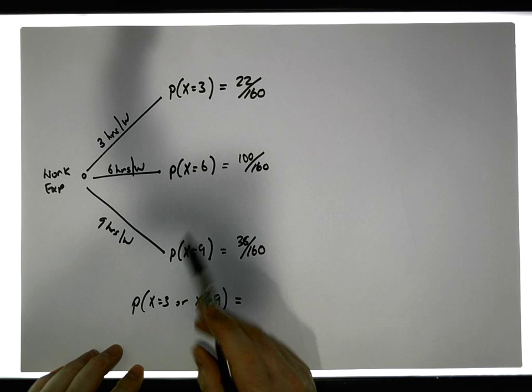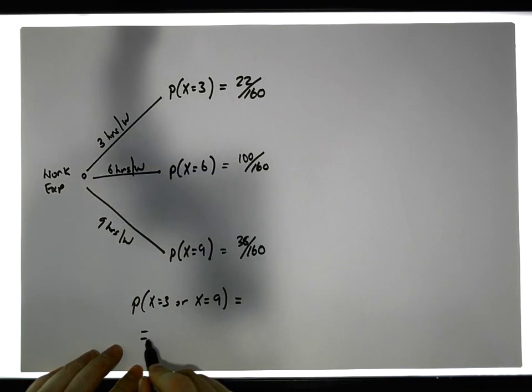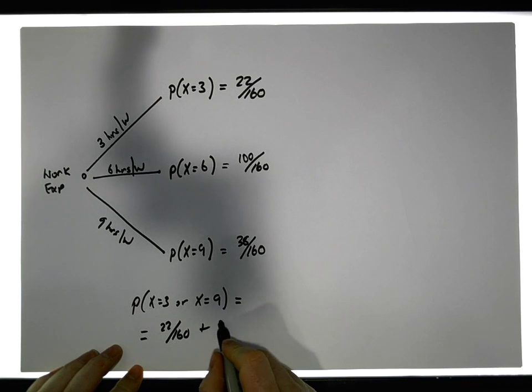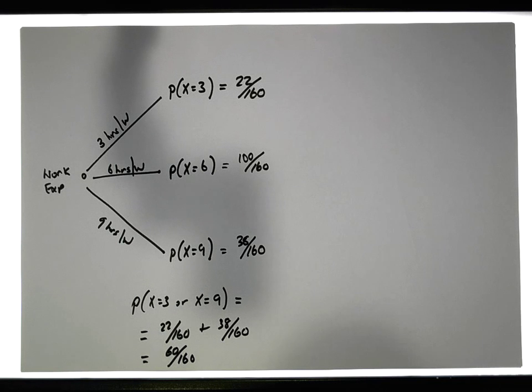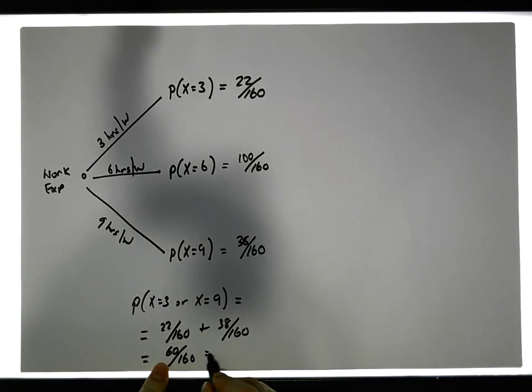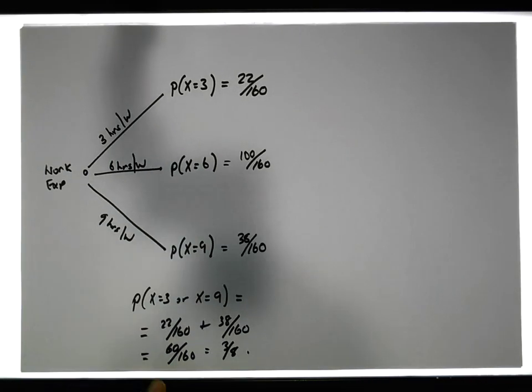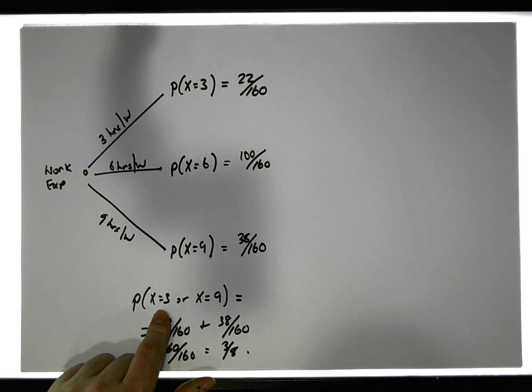They're mutually exclusive. So that would be equal to 22 over 160 plus 38 over 160, which gives us 60 over 160, which is 6 over 16, which is 3 in 8 chances of selecting someone that does 3 hours or 9 hours.